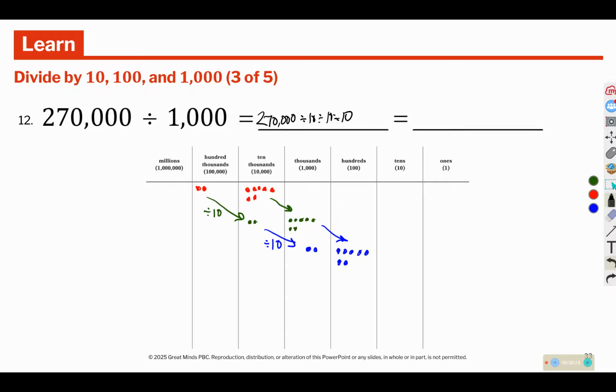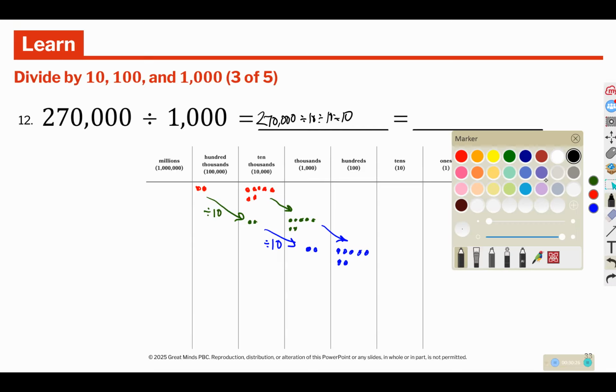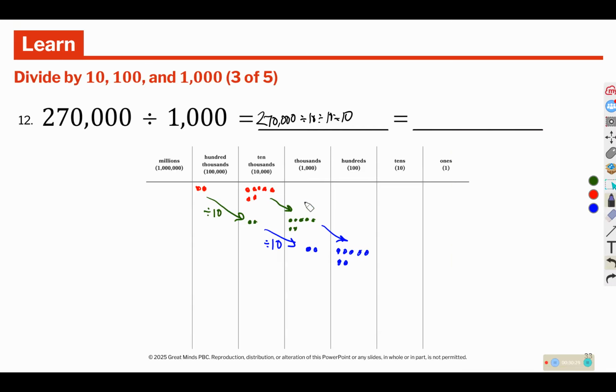This was the one from the previous problem where we divided by 100. And now I have an additional 10 that I'm breaking it into. So I'm moving to make it smaller. So the 2 is here, and the 7 is here. So I have 270.